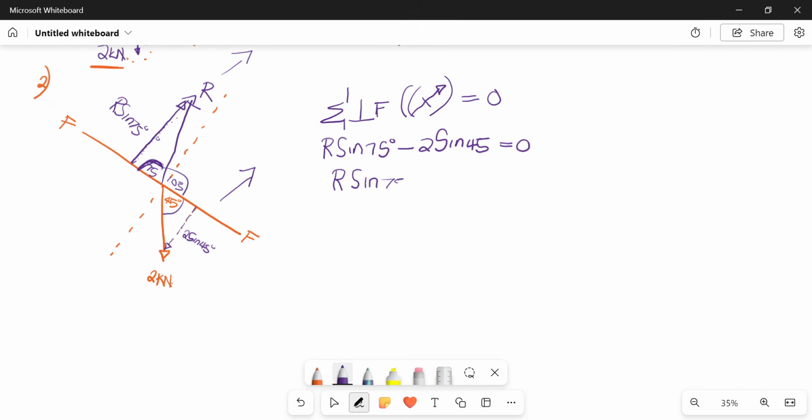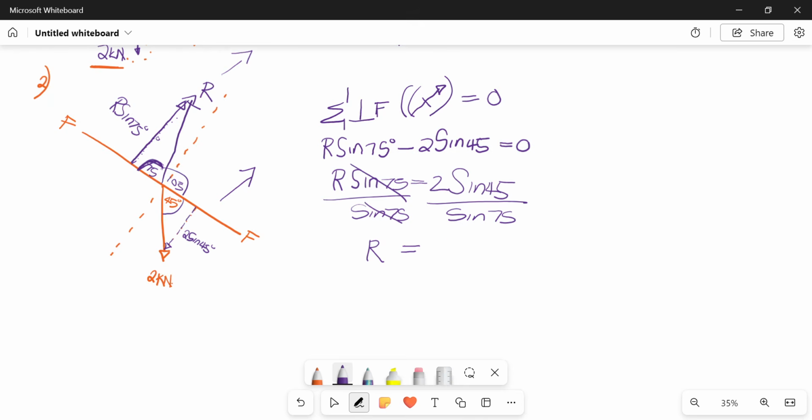R sine 75 is equal to 2 sine 45. Divide both sides by sine 75. Then your R will be equal to 2 sine 45 divided by sine 75.